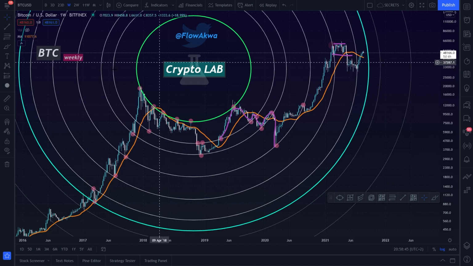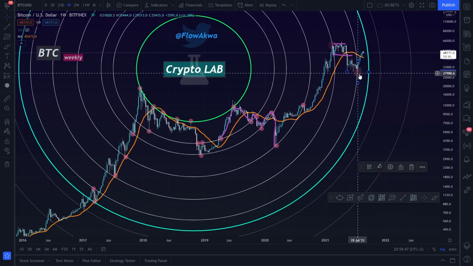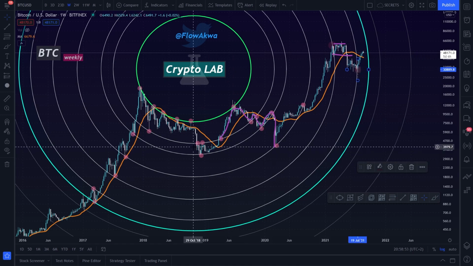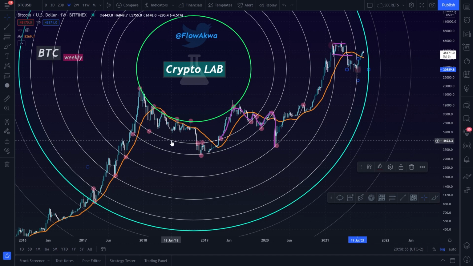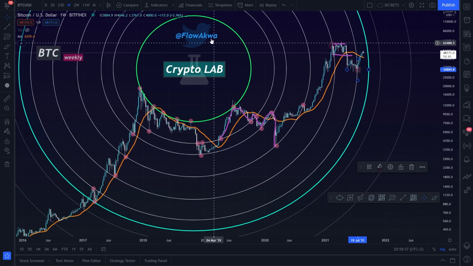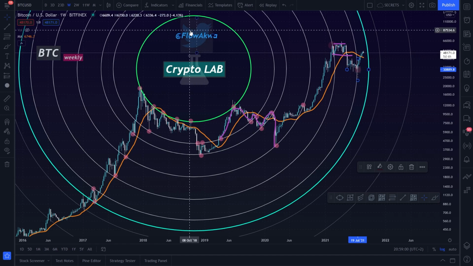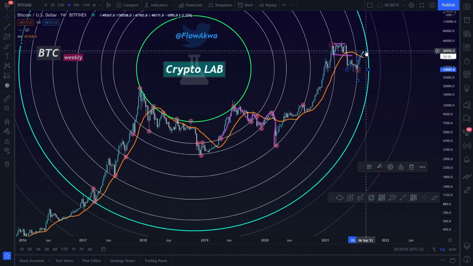So here again, if I put a point, it was a perfect pivot line again, guys. So you see the power of these circles. Once you have the right setup, you can read into the future. I want you to share what you think about this, because for me, this is really great.